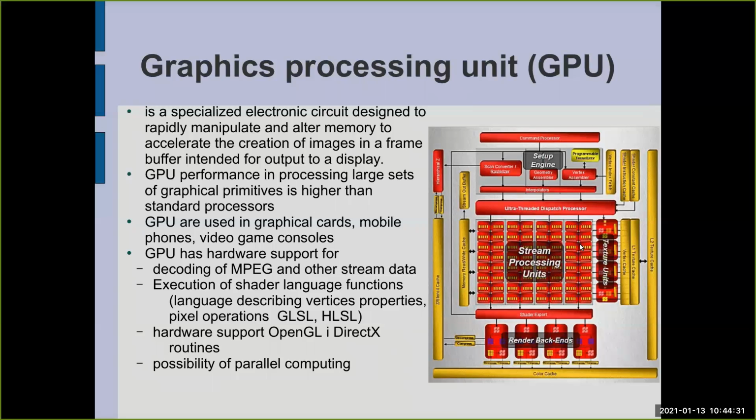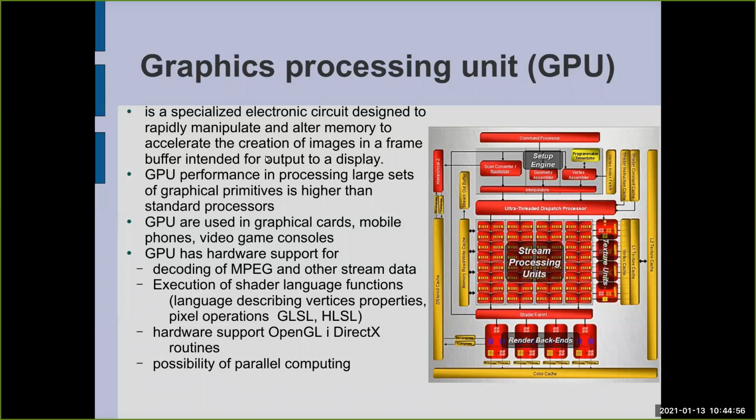Okay. So now some information about something which is called the GPU. In modern computers, we have, in fact, not a single CPU, a single processor, but many processors. One of them is called the GPU, graphical processing unit.